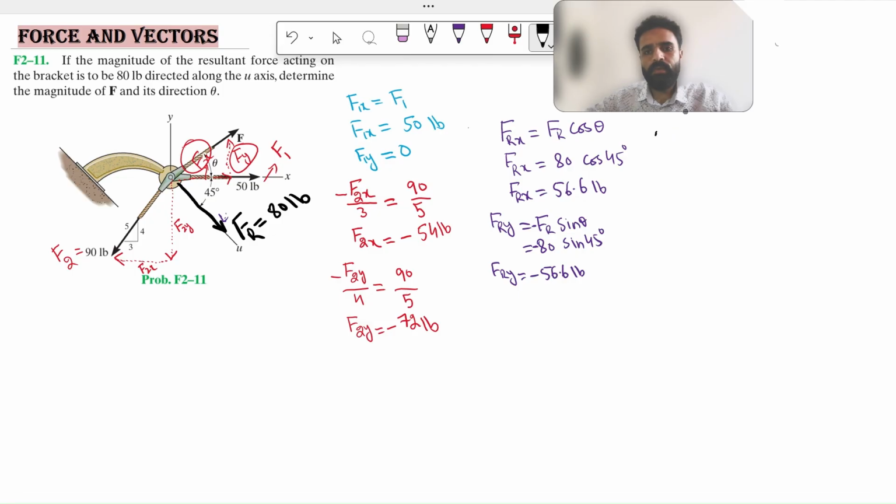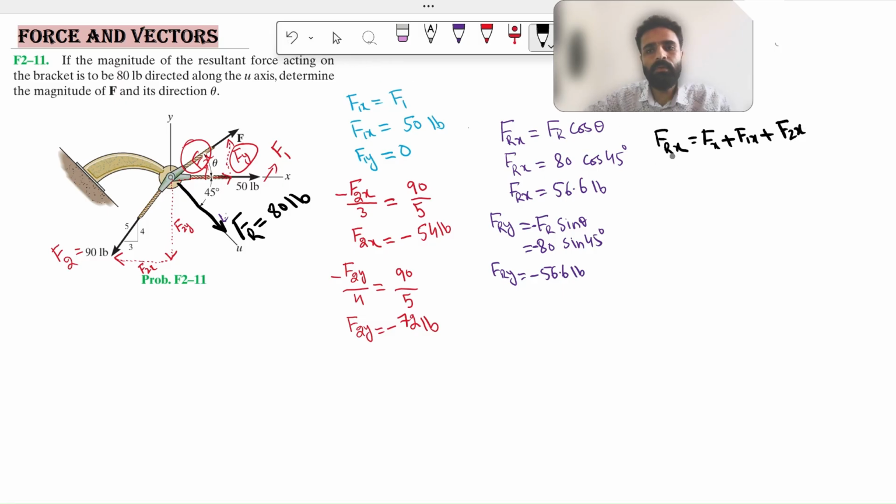As we know, the FRx, the horizontal component of the resultant force, will be equal to the summation of the horizontal components of each force. So it means Fx plus F1x plus F2x will be equal to the horizontal component of the resultant force. From this, we'll get the value of the Fx.